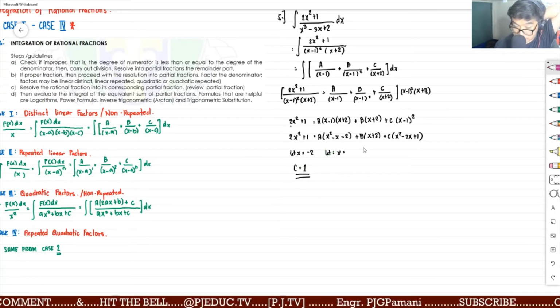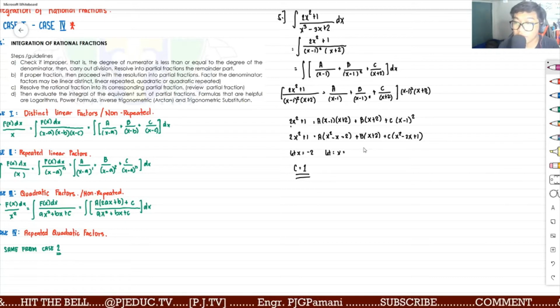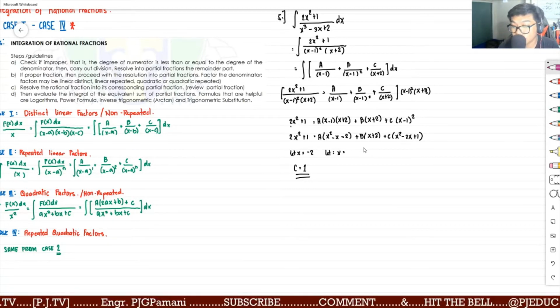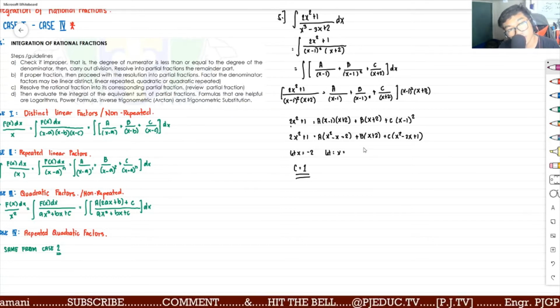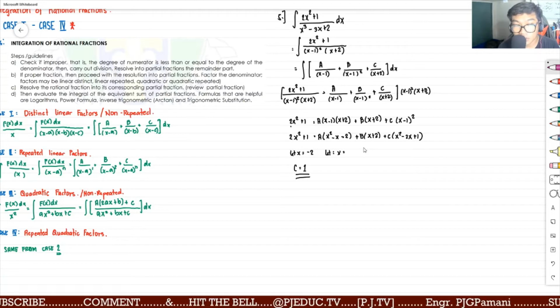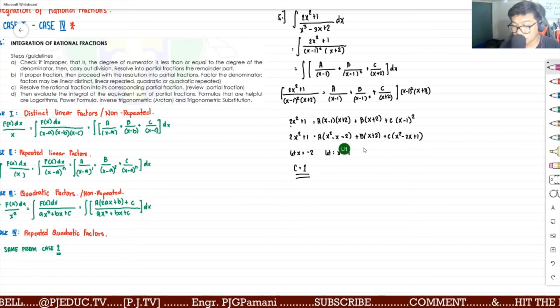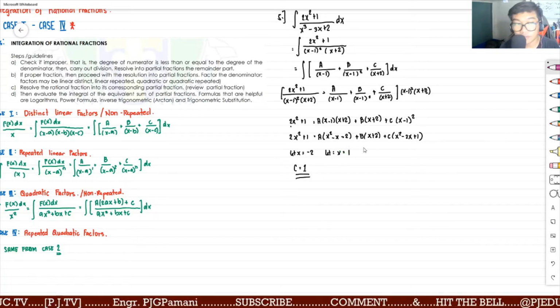Anong susunod? Substitute value of x equal now to what? Let us try positive 1. Right. Oh, positive 1. Value of x, positive 1.